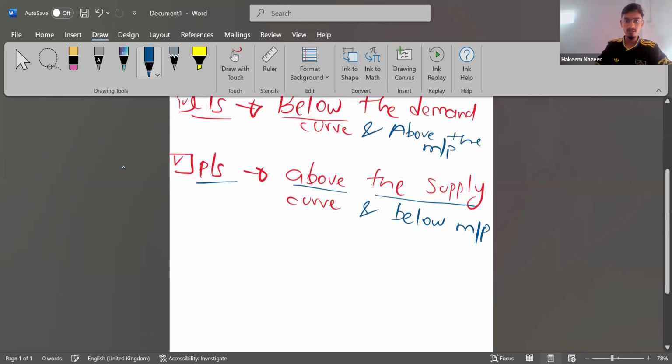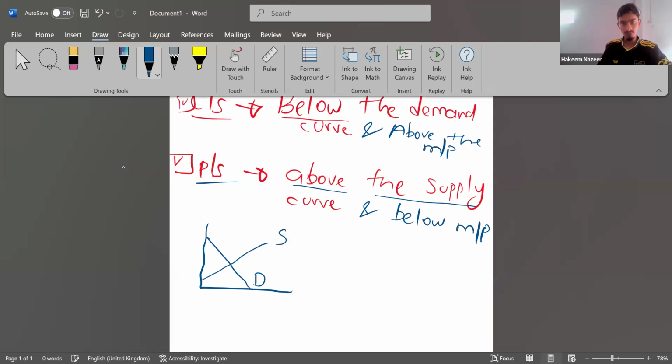We have learned this is the demand curve, this is the supply curve, and this is consumer surplus, this is producer surplus. Here, the area below the demand curve and above the market price.